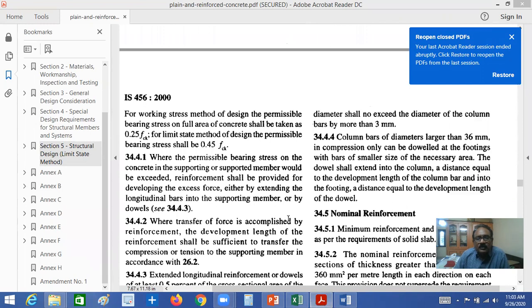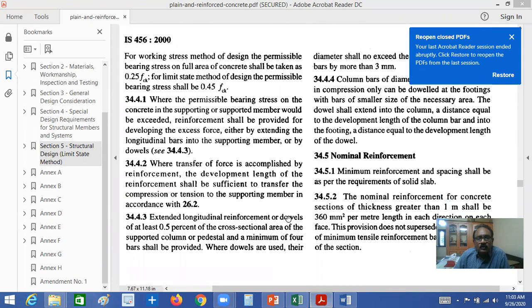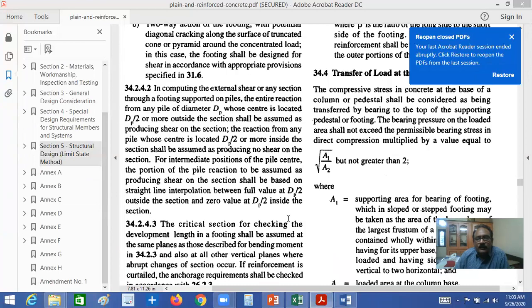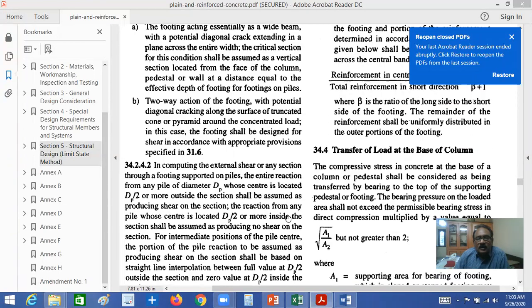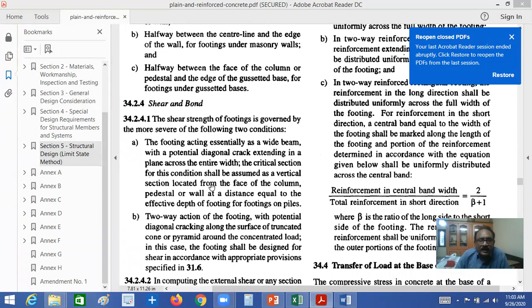Here, if you see 34.2.4 shear, and if you see 34.2.4.1(a), the footing acts essentially as a wide beam with potential diagonal cracks extending in a plane across the entire width.